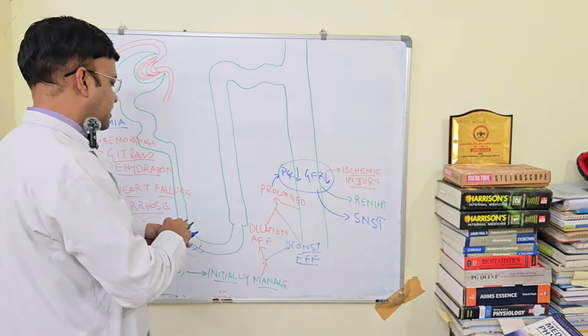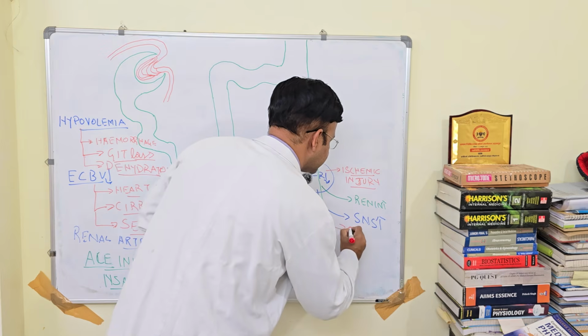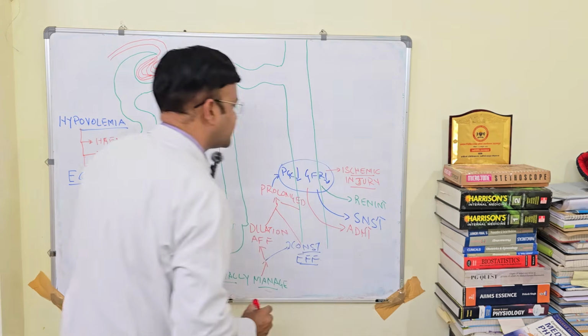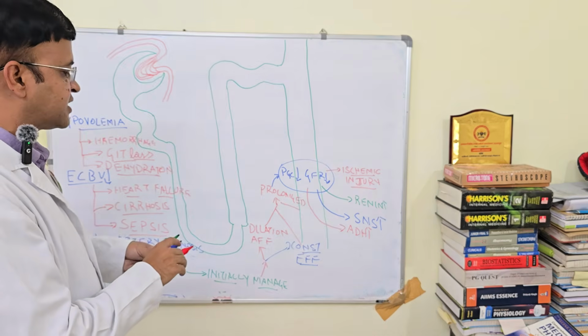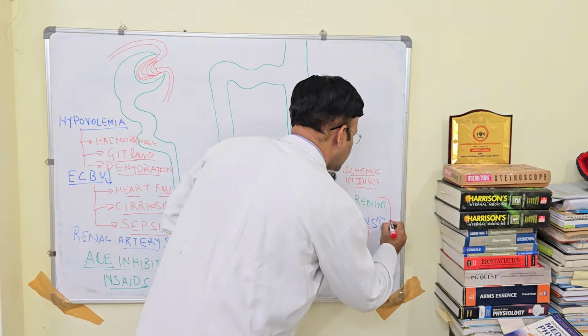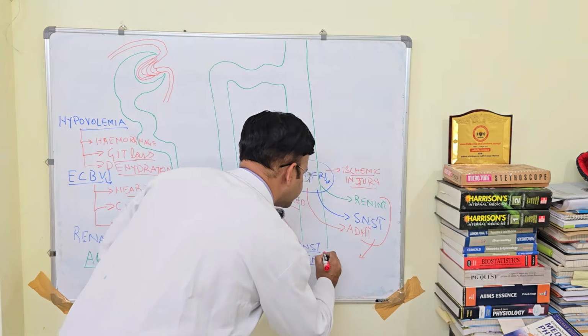Less GFR can also stimulate the release of ADH. Right? And what are all these three things going to do? All these three things will lead to sodium and water retention.